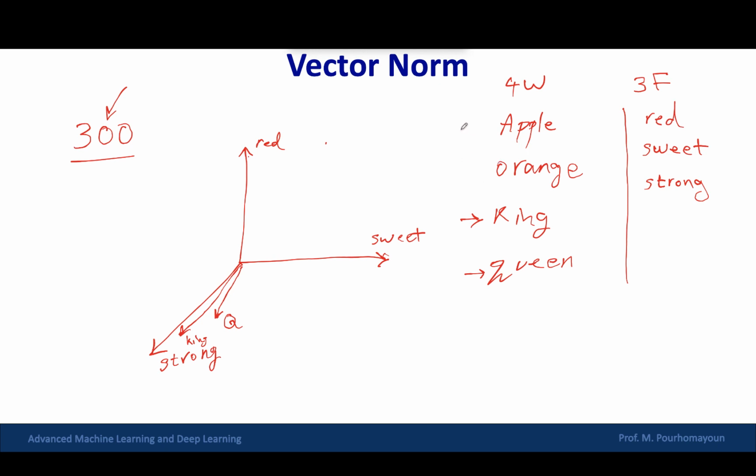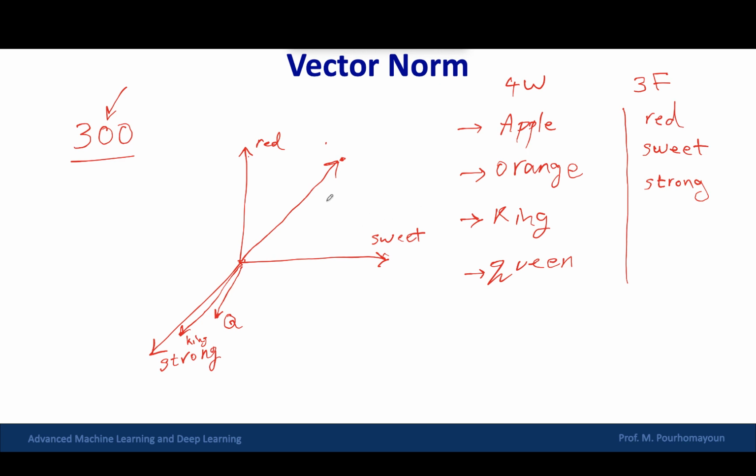For apple, it is red. It is sweet, but strong is a meaningless feature for apple, so maybe this is apple right here. Okay, and then orange is another feature.